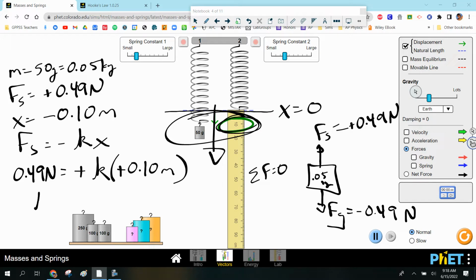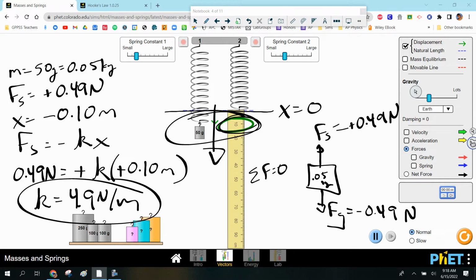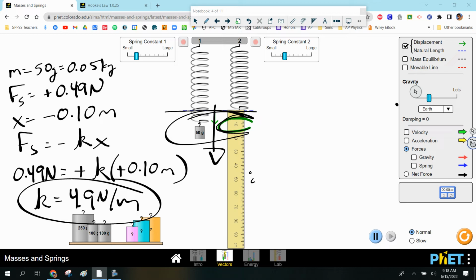Divide by 0.1, and we discover that k is 4.9 newtons per meter. So that's the spring constant for this spring. All right, so let's make a note of that. Our spring constant is 4.9 newtons per meter. So for every 1 meter I want to stretch the spring, I need 4.9 newtons of force.